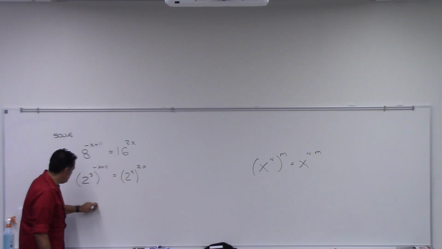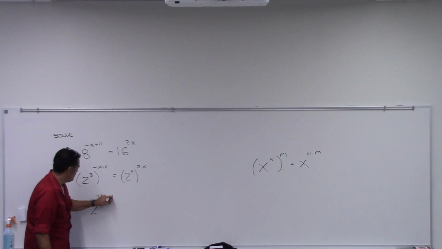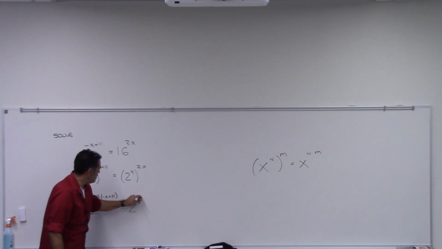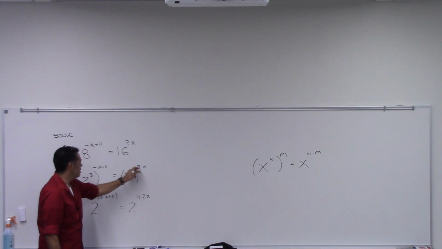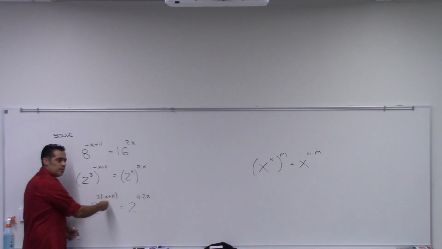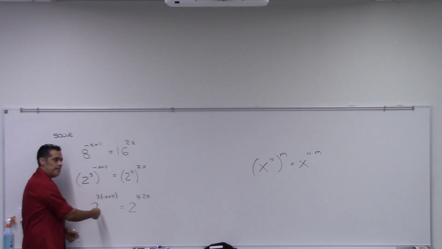This becomes 2 to the 3 times negative x plus 11, and then this one becomes 2 to the 4 times 2x. There I don't need parentheses because I'm just going to multiply these together, and there's no distribution that needs to occur like over here. Y'all see that? Everyone got it?